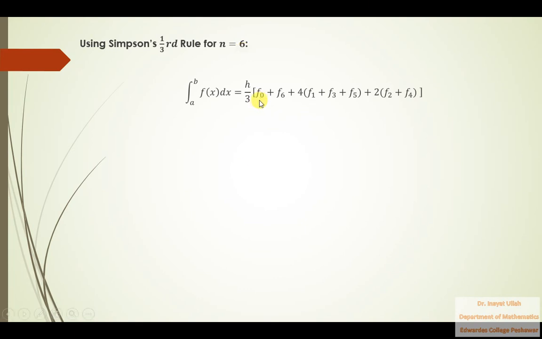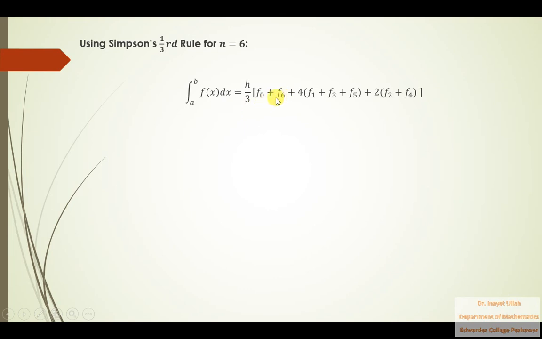So the first value of the function plus the last value of the function, plus 4 times the sum of the values of the function whose subscripts are odd, that is 1, 3, 5, plus 2 times all those function values whose subscripts are even, that is 2, 4, then 6 will be there, but 6 is actually the last value.